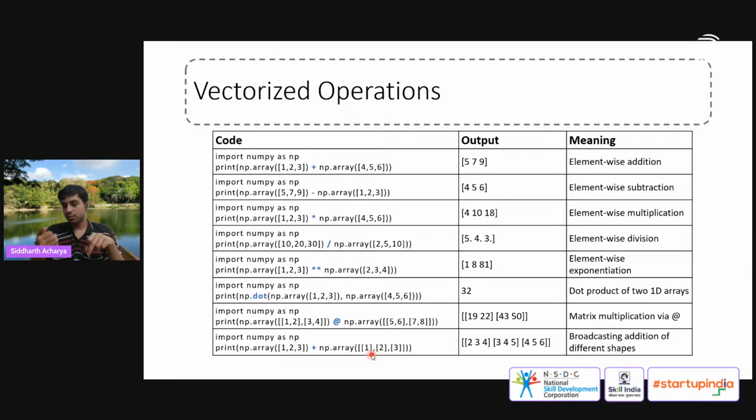Then I add it with two, create the second row. Then I add it with three and create the third row. So it does 1 plus 1, 2 plus 1, 3 plus 1. It's kind of self-explanatory, pretty user friendly. You can try this at your level as well in the Colab notebook or whatever medium you're using.